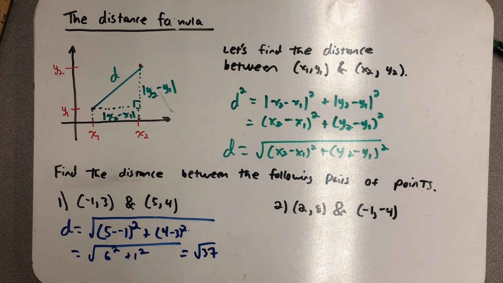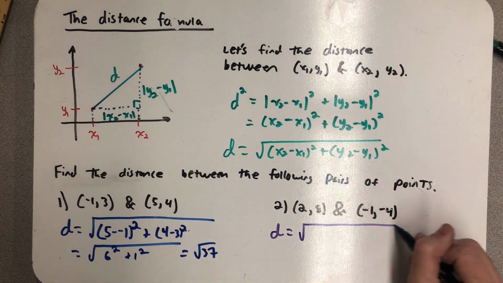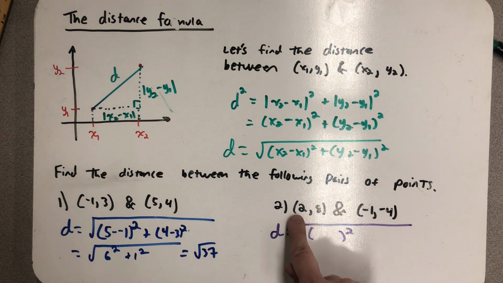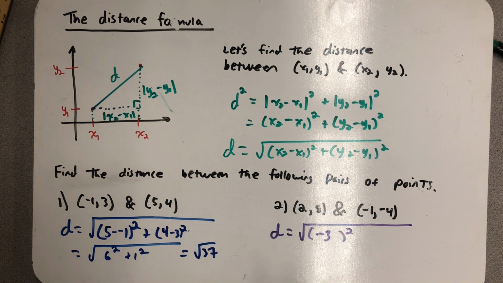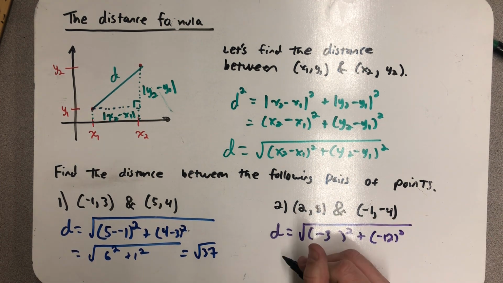In the next one, I have d equals the square root of, I need to take the difference in the 2 x values. I have negative 1 minus 2, well that would be negative 3 all squared, plus negative 4 minus 8, that would be negative 12 all squared.